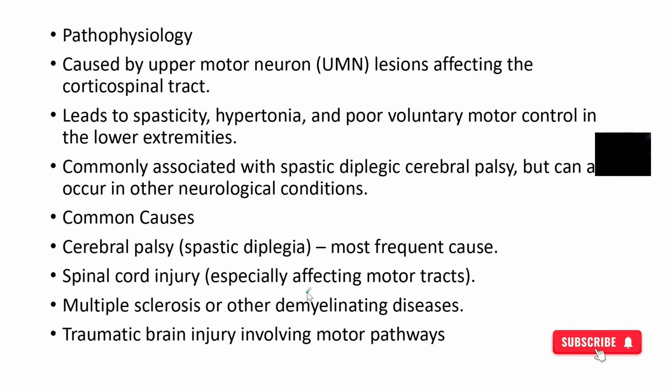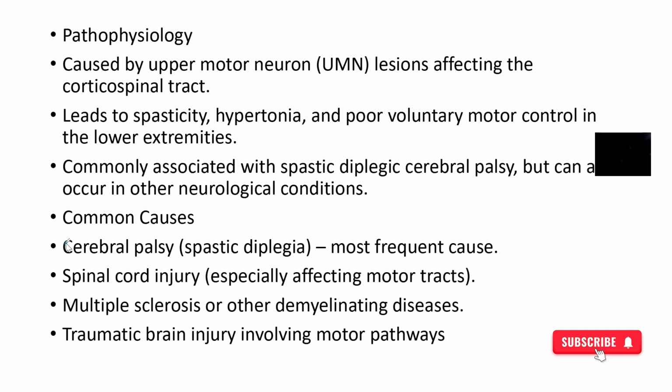Okay. So the pathophysiology is usually an upper motor neuron lesion. It leads to spasticity, hypertonia, and poor voluntary motor control in the lower extremities. It's commonly associated with spastic diplegic cerebral palsy.